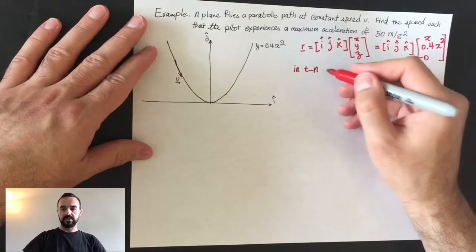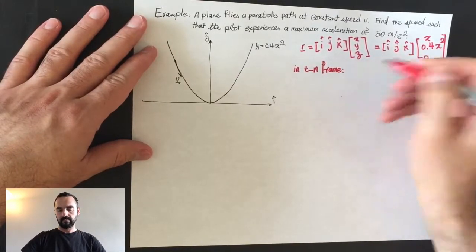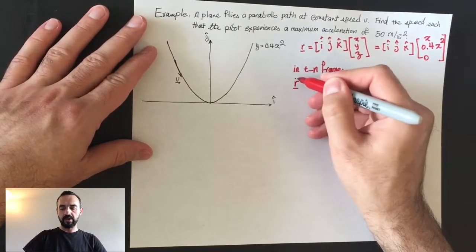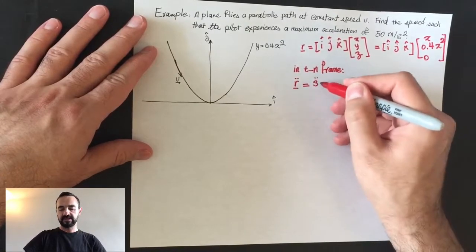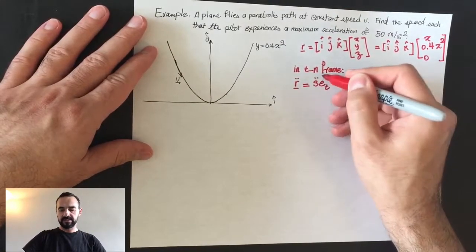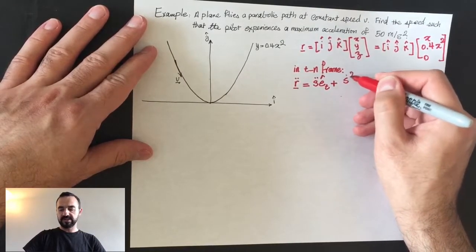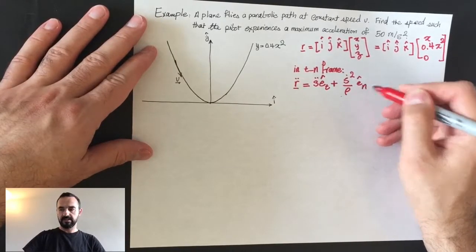Now, in tangential normal frame, we have r double dot, the acceleration, equal to s double dot e sub t hat plus s dot squared over rho e hat n.